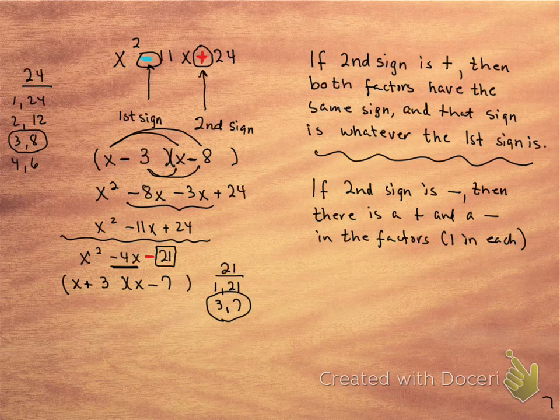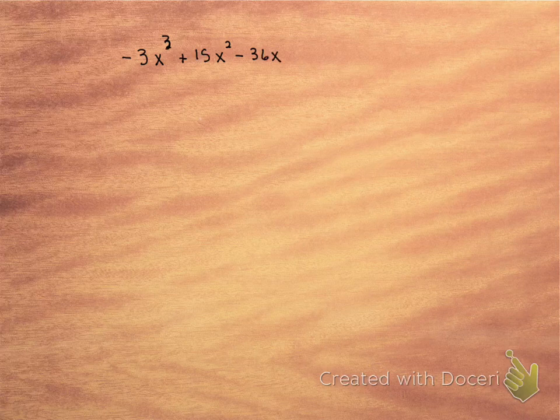Okay? So moving forward, we've got now example 2C. Remember, we always start by looking for a GCF, a greatest common factor, because we've got a lot going on there.